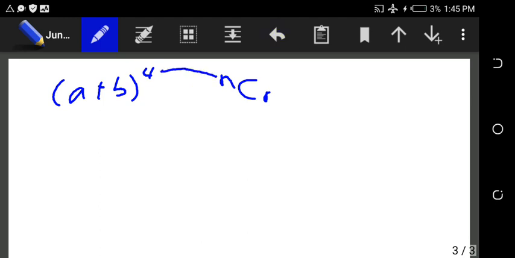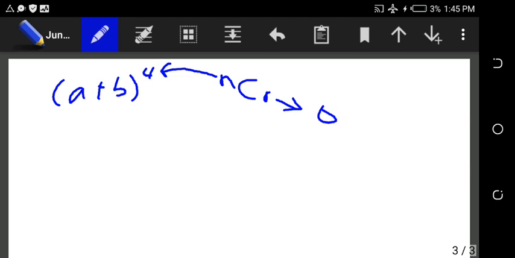Your n will have to be the power of the binomial that you want to expand. That is the original power in the bracket, in this case 4. Now for your r, the r will have to increase from 0 until you get to n, in this case 4.